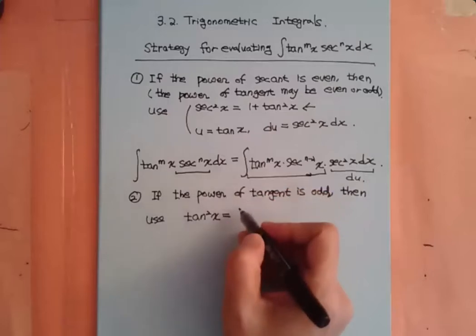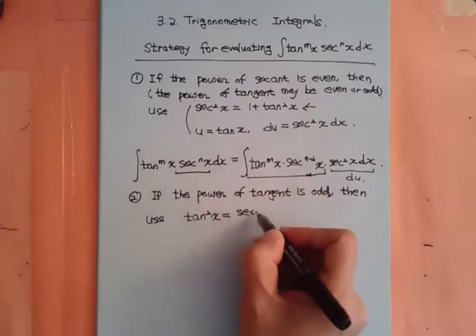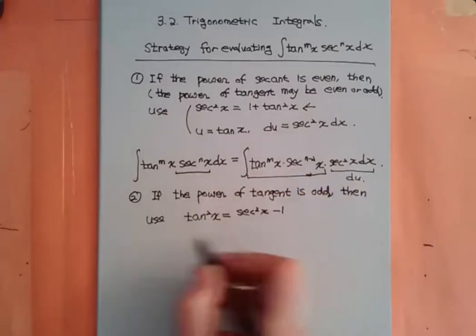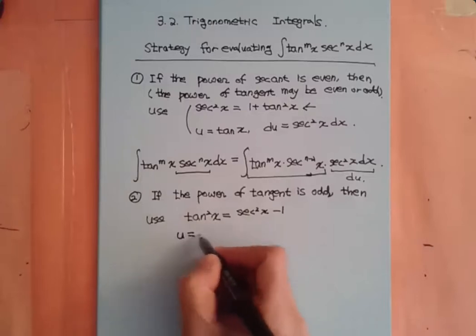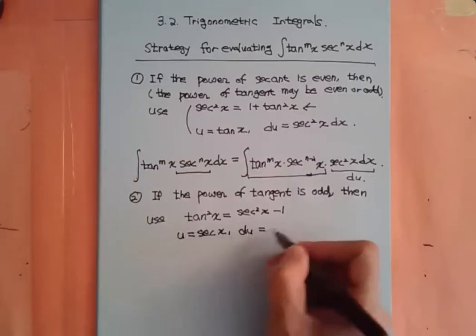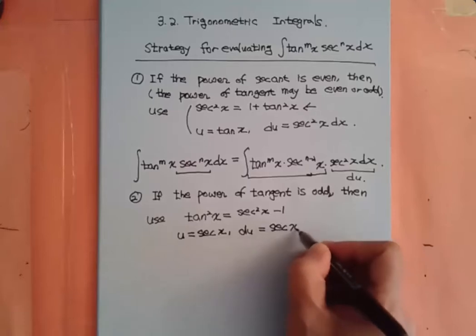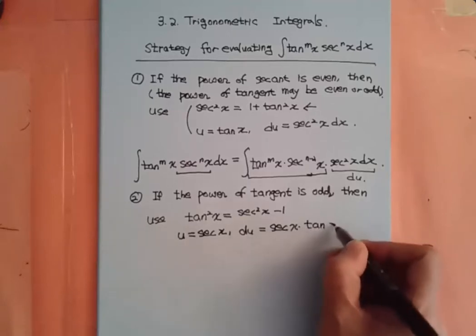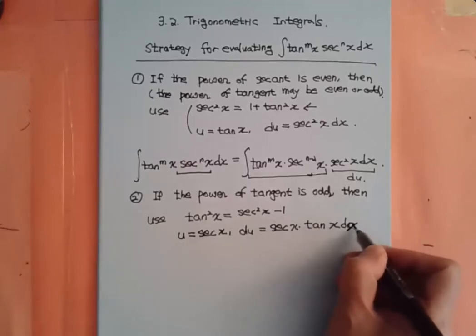So tangent squared of x is secant squared of x minus 1, and u equals secant of x, and du equals secant of x times tangent of x dx.